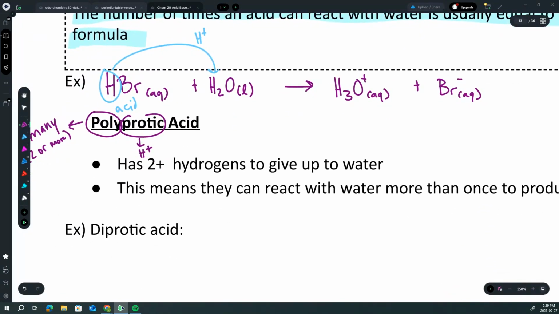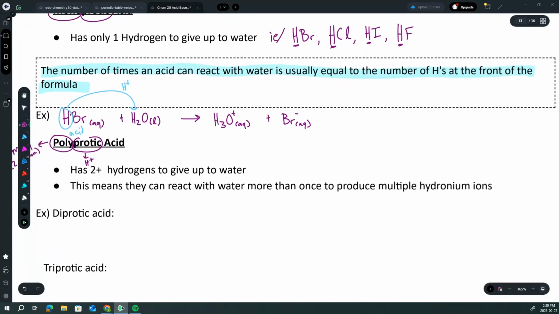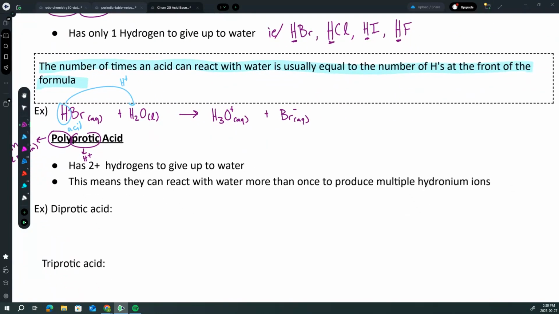Acid tells us that the proton is going A for away. So a polyprotic acid has two or more hydrogens to give up to water, and this means that they can react with water more than once to produce multiple hydronium ions.